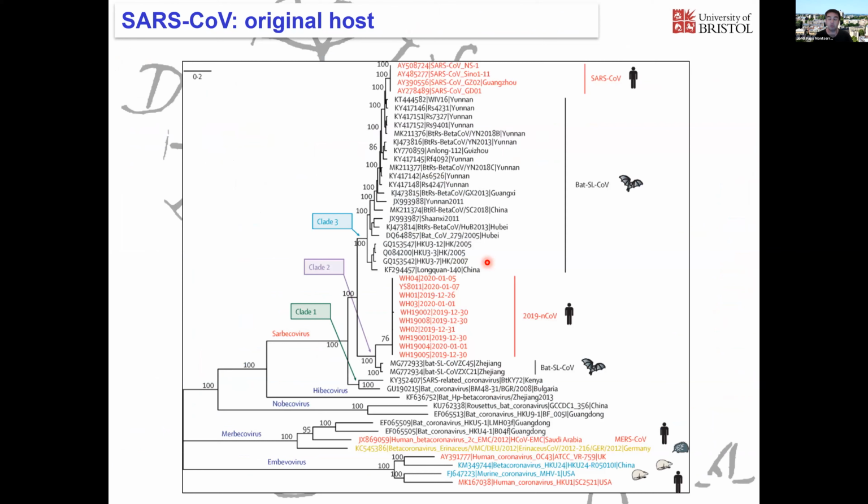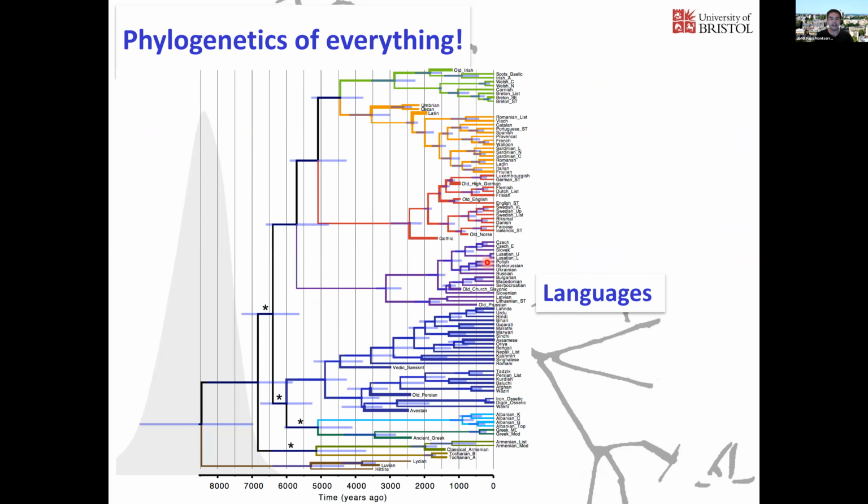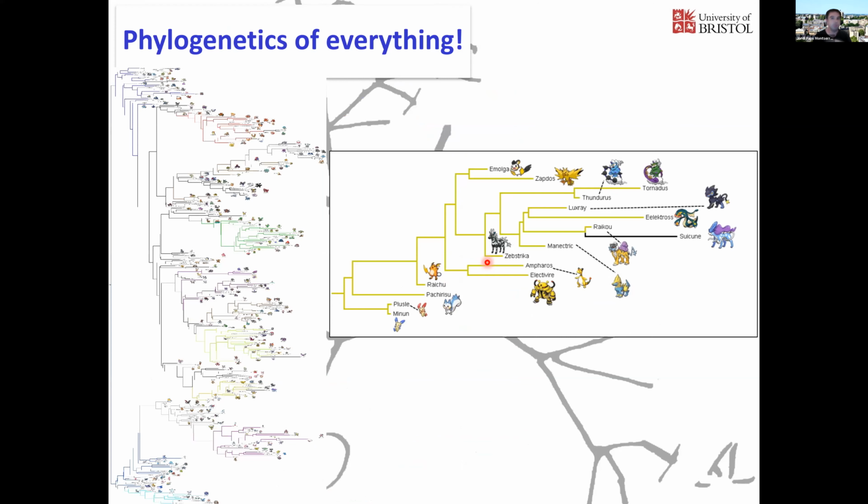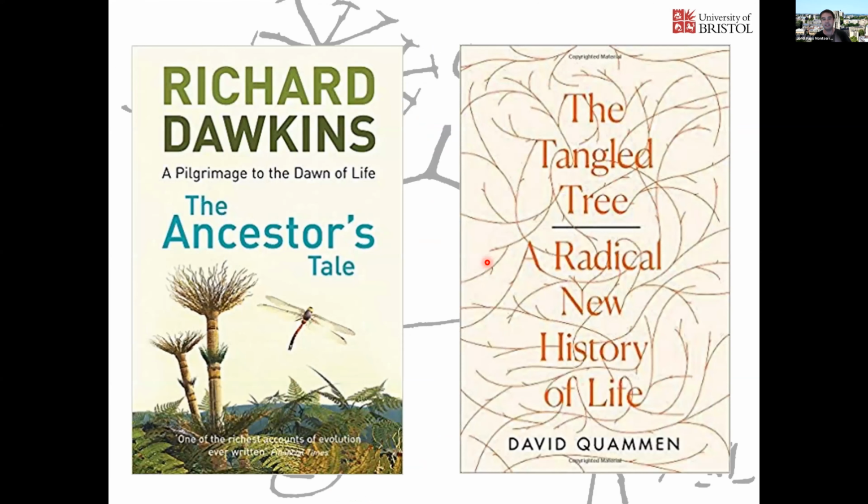Or for example, we use those phylogenies to reconstruct the hosts of the viruses. All this debate that there was about the host before the spillover being a bat, being a pangolin, was based on phylogenetics. Okay. And for the sake of time, I'm going to stop here, but basically you can do phylogenies of everything, languages, Pokemon. It's very, very interesting.